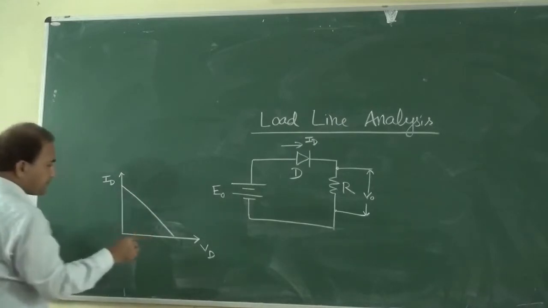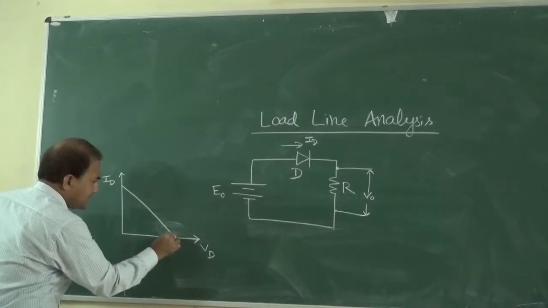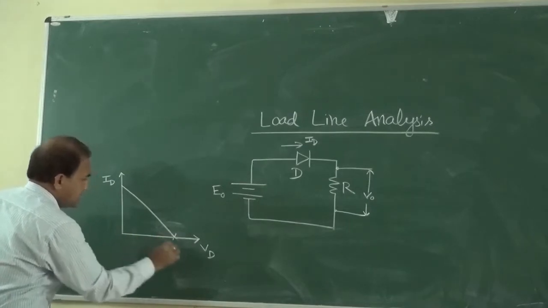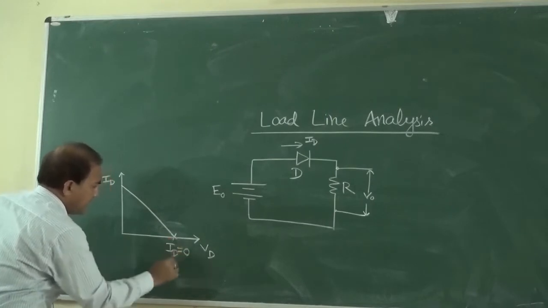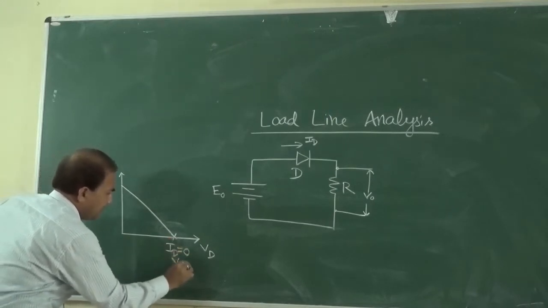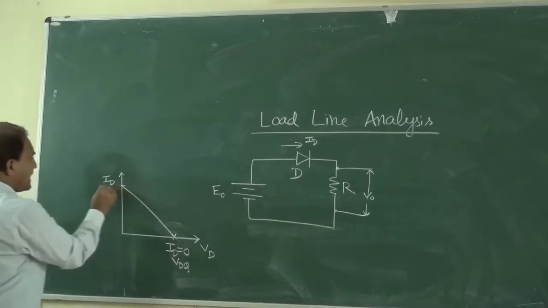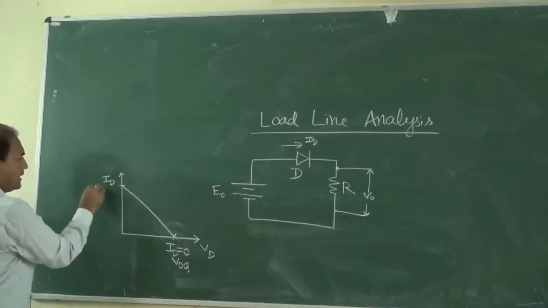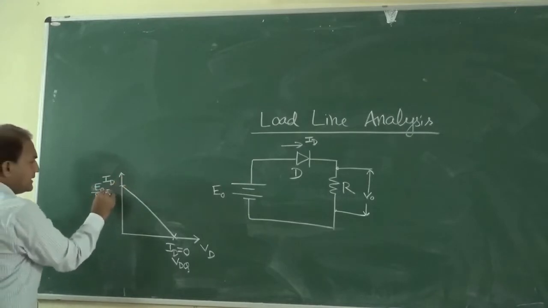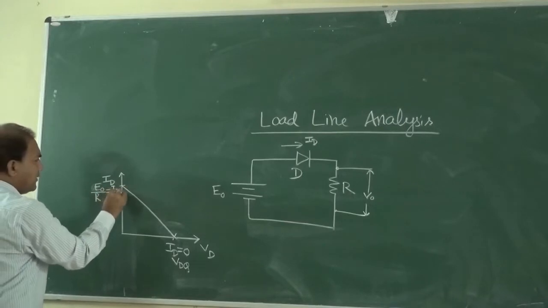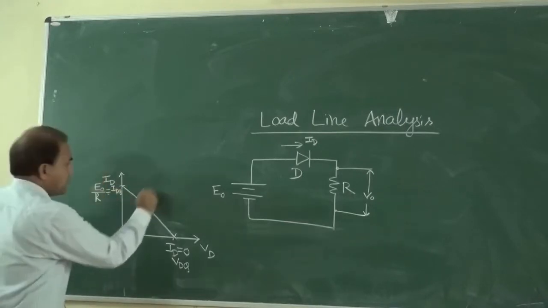Here at this point ID is equal to 0 and VD is equal to VDQ, and here ID is equal to E naught divided by R, which is IDQ. This is the load line.